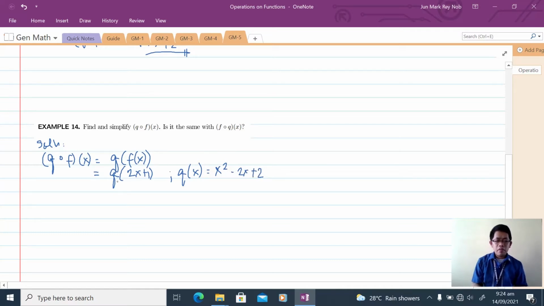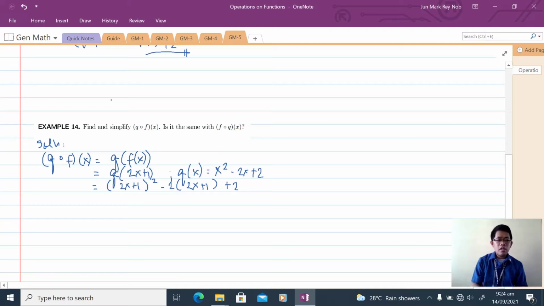Now, since we will be solving q of 2x plus 1, we will replace all x right here with 2x plus 1. So we have 2x plus 1 squared, minus 2 times 2x plus 1, and then plus 2.